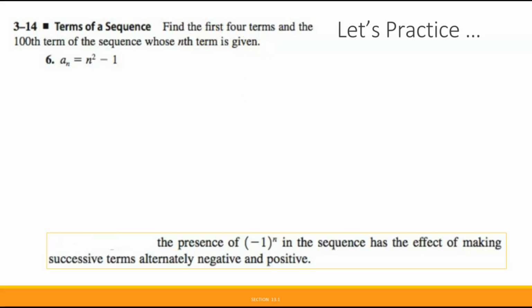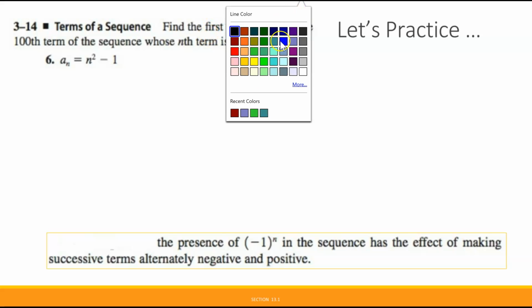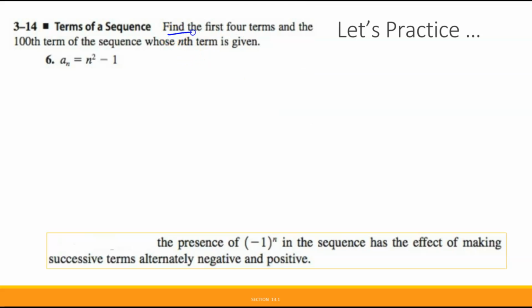Okay, so very similar example. For this next one, we're going to again find the first 4 terms of our sequence. The first term would be plugging in 1. So we've got 1 squared minus 1, which is going to give us a 0.